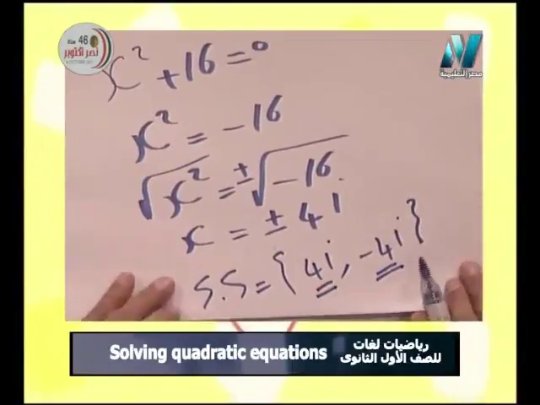Okay? Let's try to solve another equation. We have many equations here, and we will think about it if the question is reversed: if he gives me the two roots, or the two solutions, and he wants me to find the equation itself. Look at me. We have here the two roots are 2 and 3.